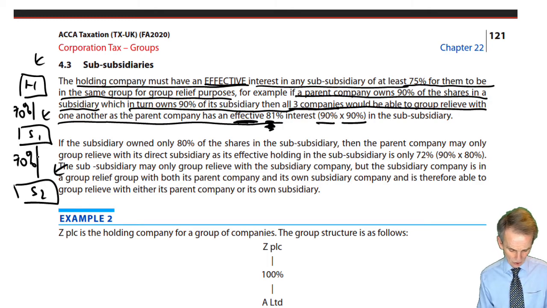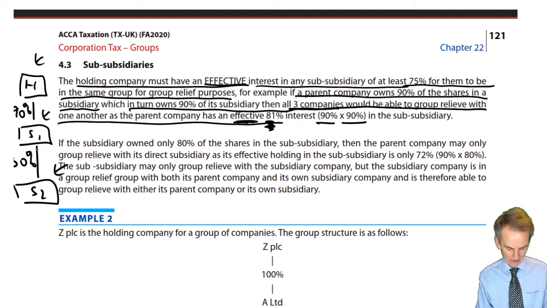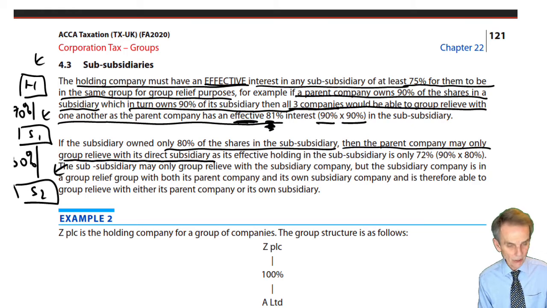If you had the situation where instead of S1 owning 90% of S2, it was, say, 80%. If the subsidiary owned only 80% of the shares in the sub-subsidiary, then the parent company may only group relieve with its direct subsidiary, S1.